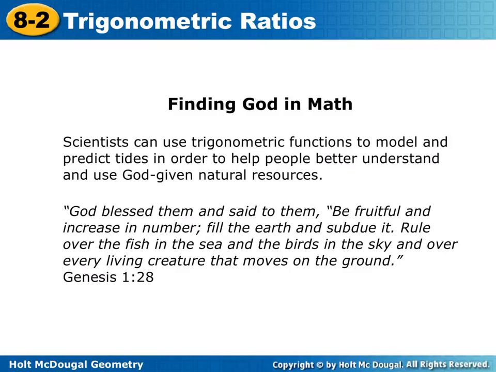And the same with the tides of the sea and the ocean, all of that, God has given us to use, and we can use it for his glory. So we can use these trigonometric ratios to find out more about the world that he's given us. I thought that was really cool and just a way to bring God into math. So think about that and how we use our trigonometric ratios.